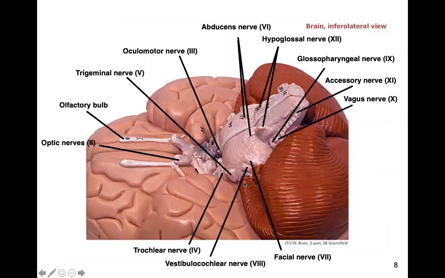From this view underneath, again, here's the olfactory nerve, cranial nerve number 1, and here's the optic nerve, cranial nerve number 2, where they crisscross, optic chiasm. Pituitary gland.